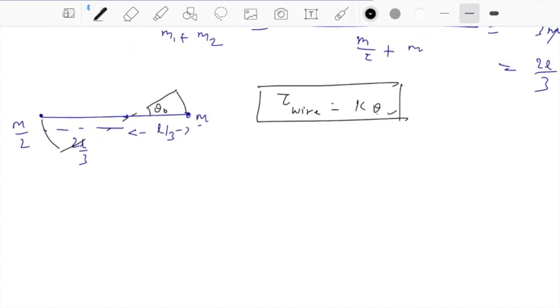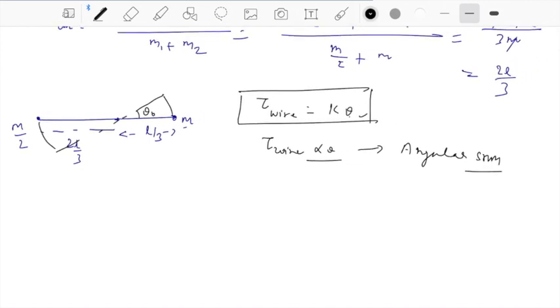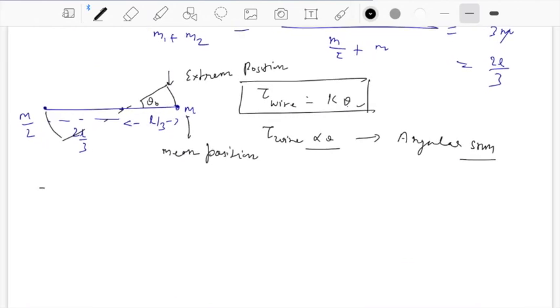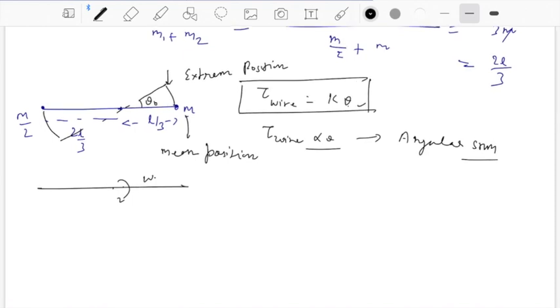If the torque in the wire is proportional to theta, this leads to angular SHM. So this would be the extreme position, and of course this is the mean position. Let us assume when it passes through the mean position, it has angular velocity omega.